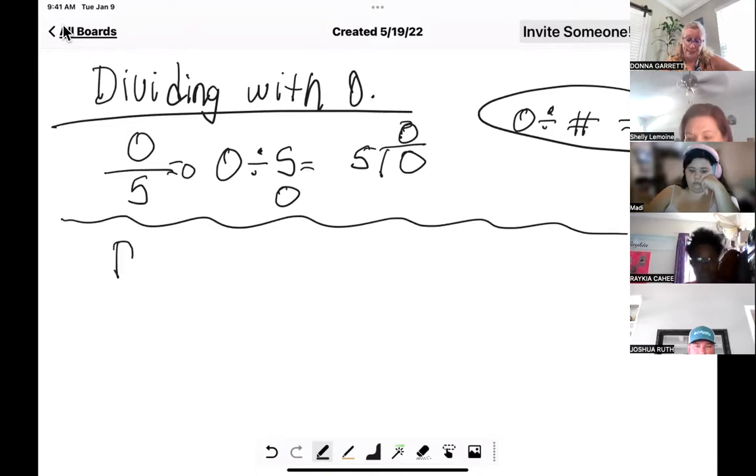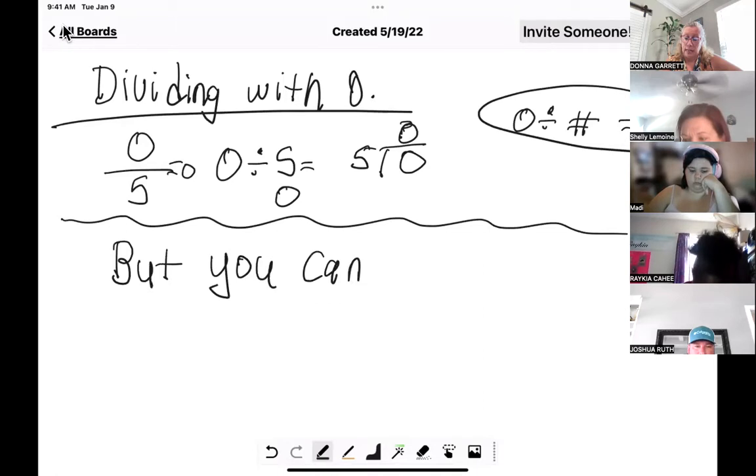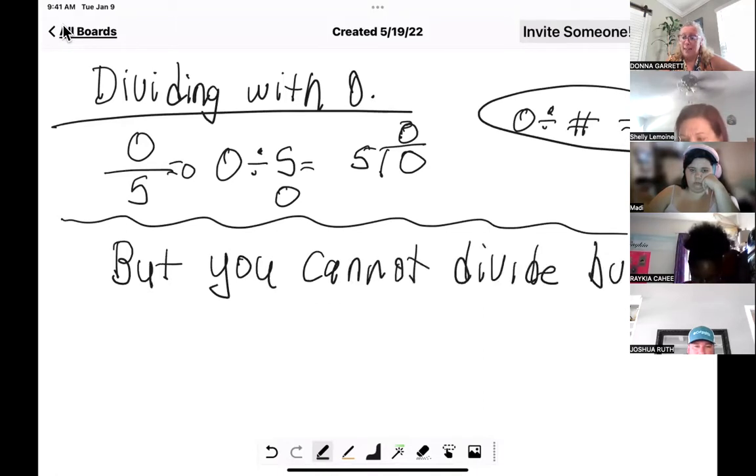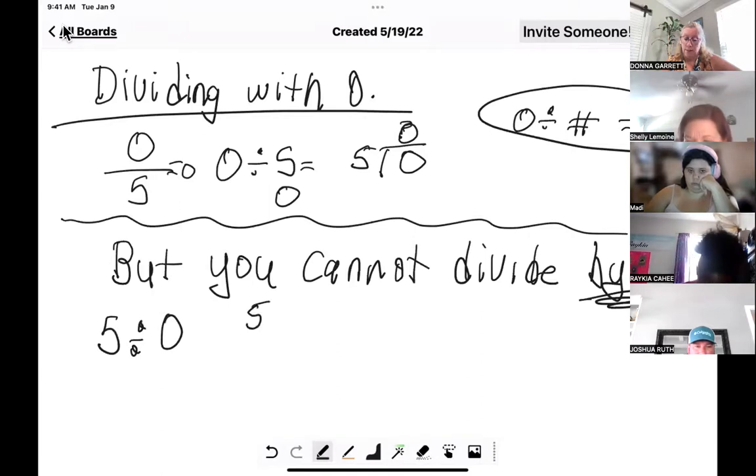But you cannot divide by 0. You cannot do 5 divided by 0 or 5 over 0.